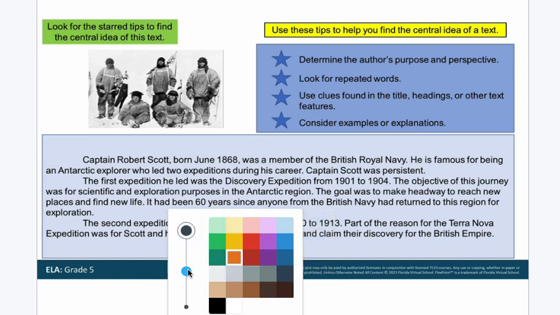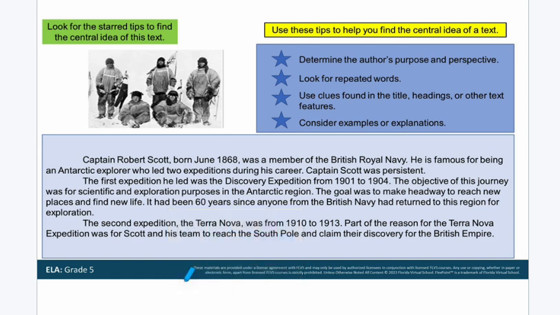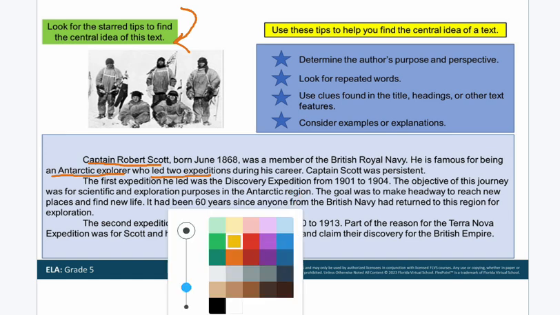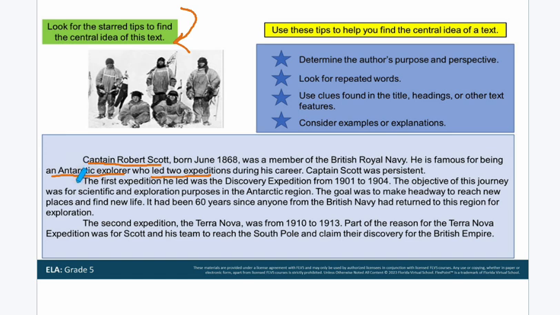All right. So let's talk a little bit about what is the main or central idea here. What's the author focusing on? The author is focusing on Captain Robert Scott, an Antarctic explorer who led 2 expeditions. My evidence that supports this is it talks about his first expedition being the Discovery, told me the goals, told me how long it had been since he had been there.